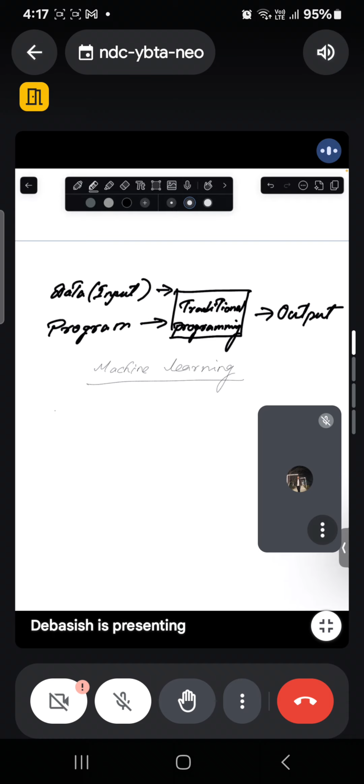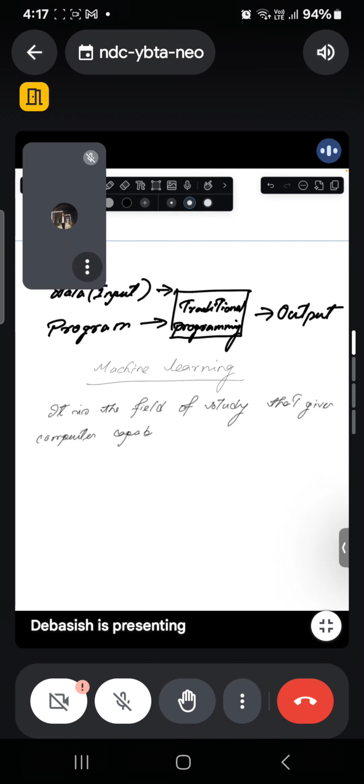Basically, it is the field of study that gives computers the capability to learn without being explicitly programmed.